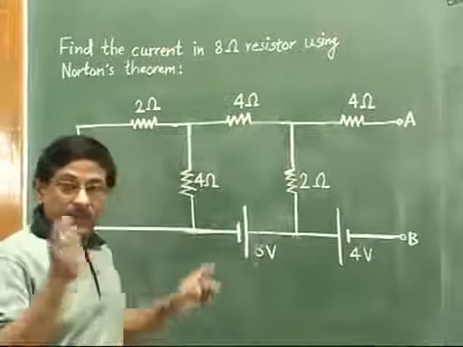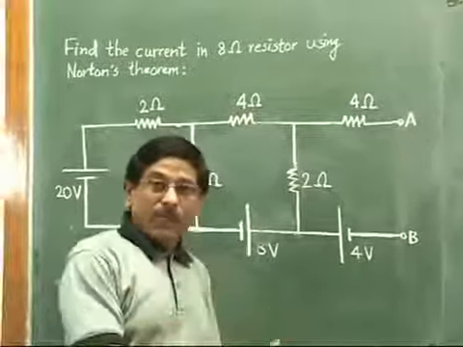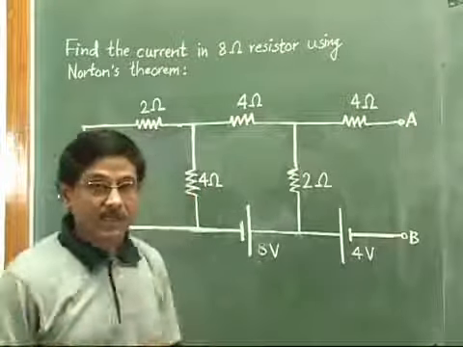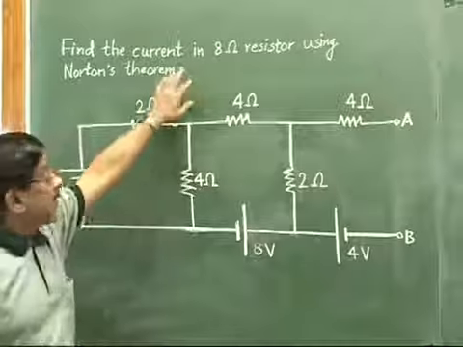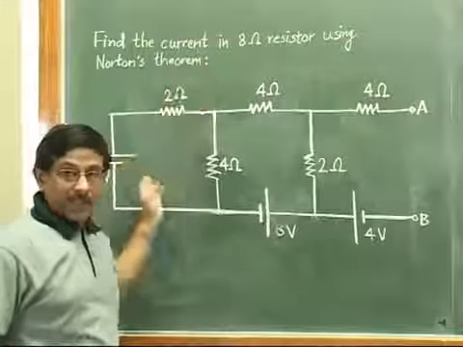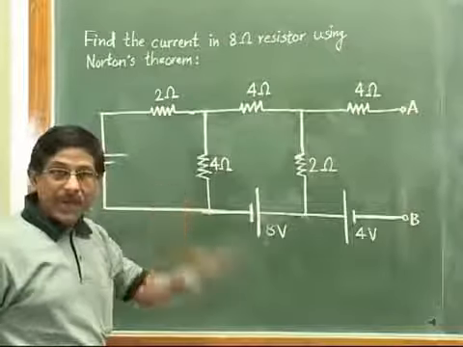And if the sources are not ideal, if they are practical, then whether it is a voltage source or current source, they should be replaced by their internal resistances. Now see our problem statement. In the problem statement, nothing is mentioned about the internal resistances of these voltage sources or these batteries. That means our sources are ideal sources.